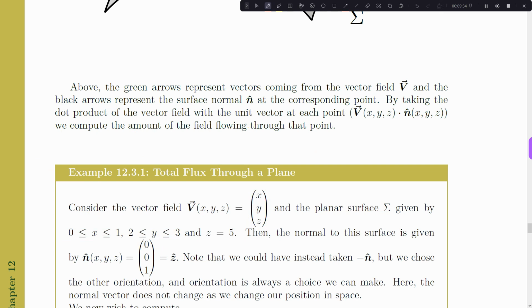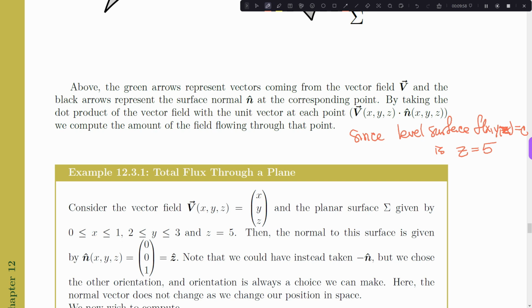And so from that, I can say the level surface, which we think about as f of x, y, z equals some constant, is, in this case, z equals 5. So that's the level surface.